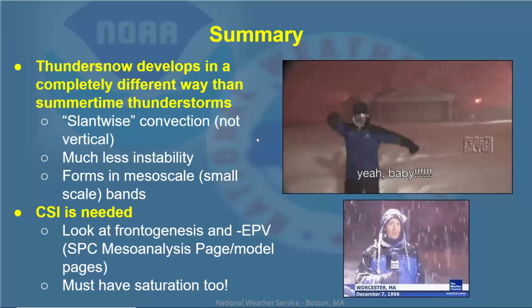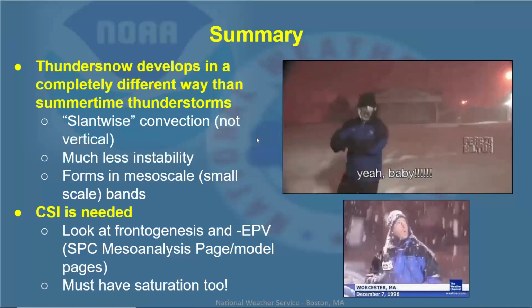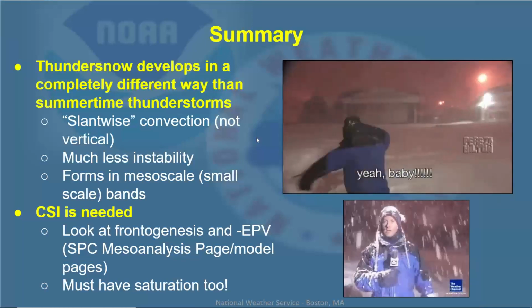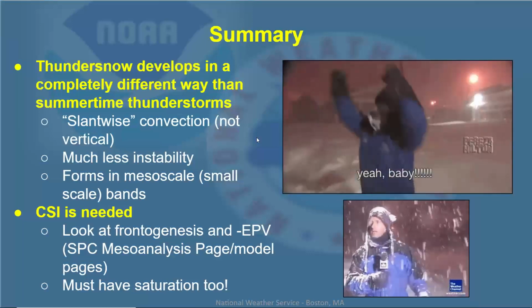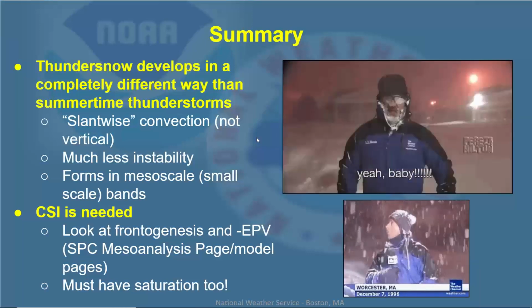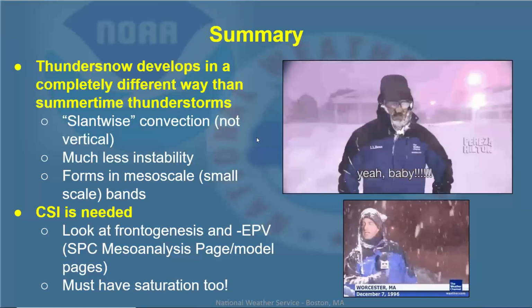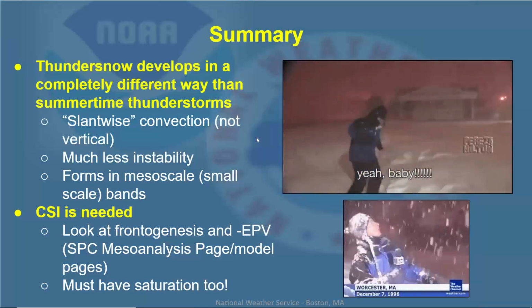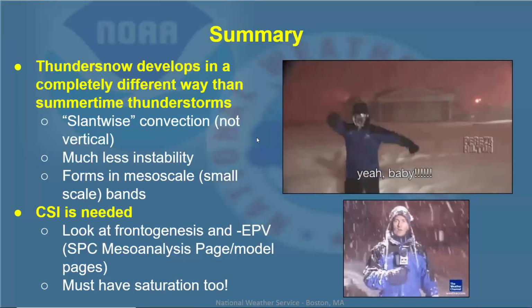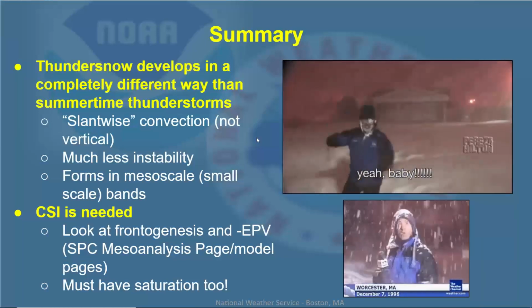So you have a better chance of milder and more moist air being fed into just that cold, dry air mass from Canada. So you increase the potential of a conditionally unstable environment for thunder snow to come into play.